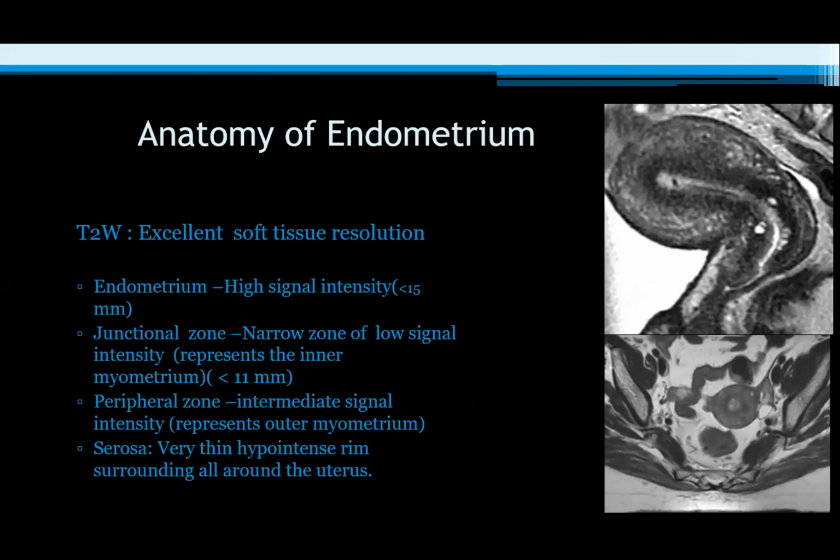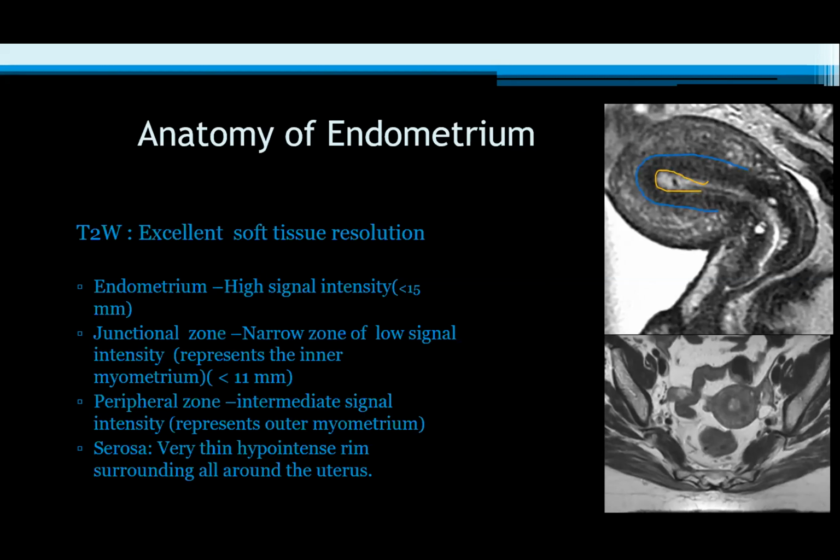T2-weighted images have excellent soft tissue resolution, and they have excellent zonal differentiation also. The endometrium will be seen as a high signal intensity area in the center of the uterus, which is usually less than 15 mm in thickness. It is surrounded by the junctional zone, a narrow zone of low signal intensity, which represents the inner myometrium, usually less than 11 mm.